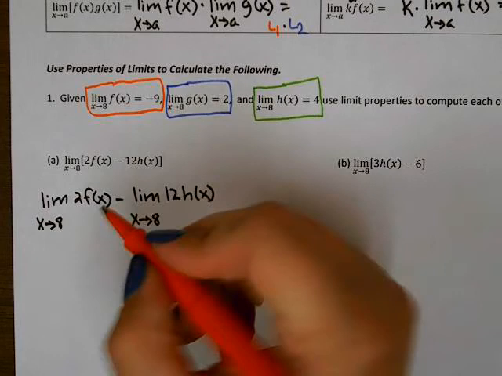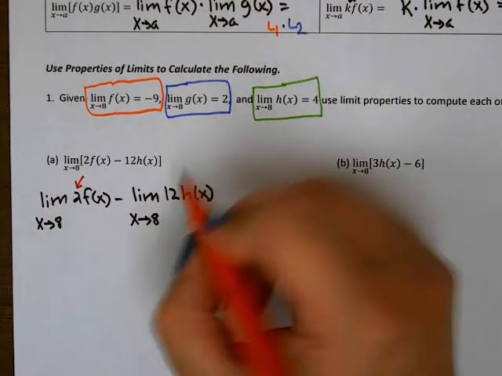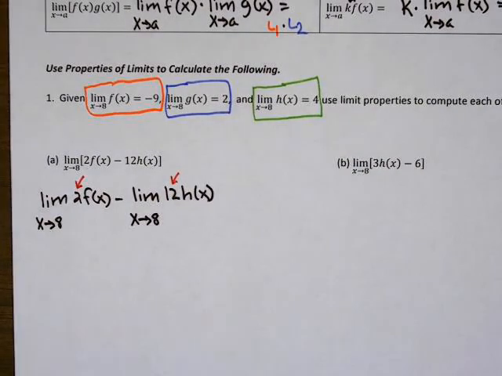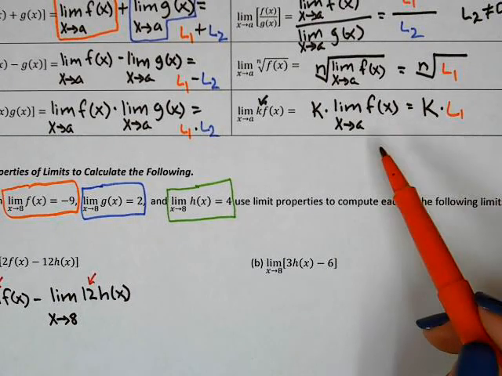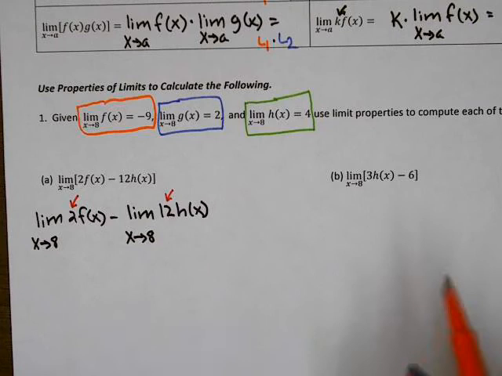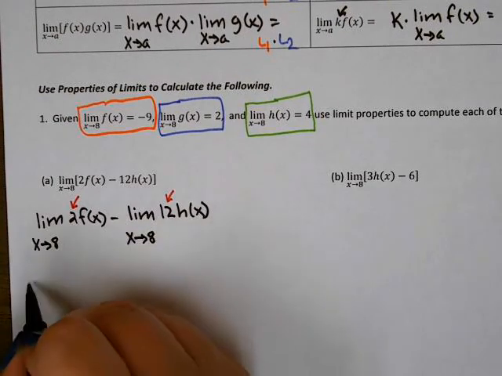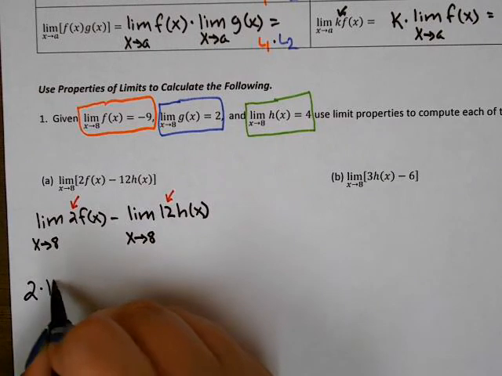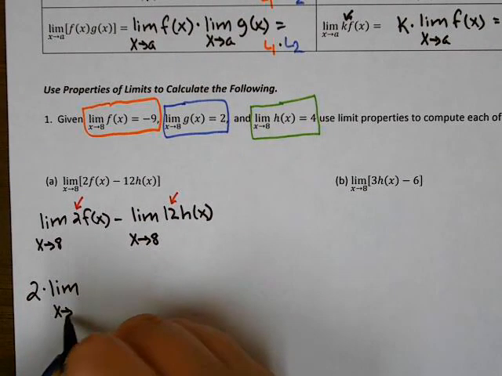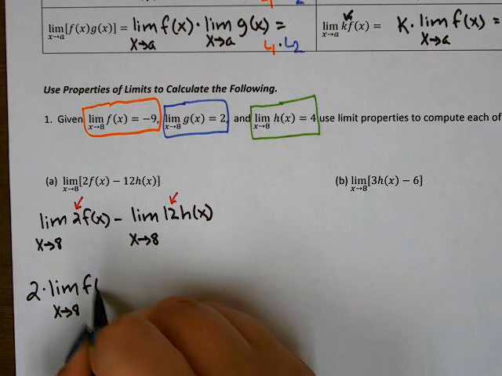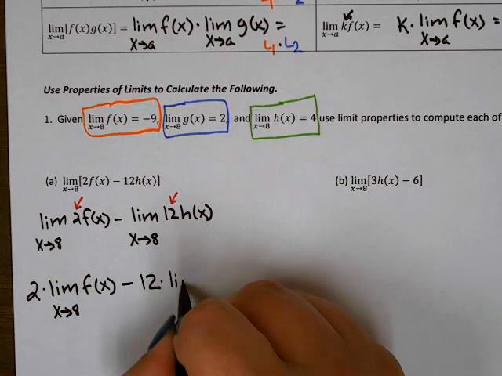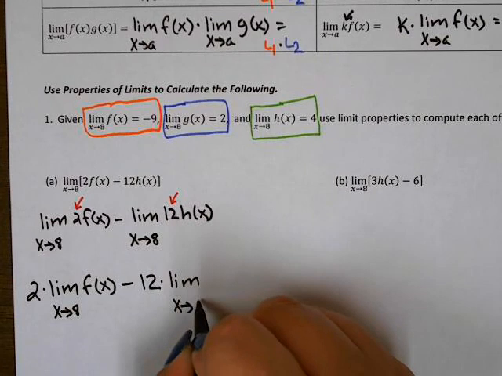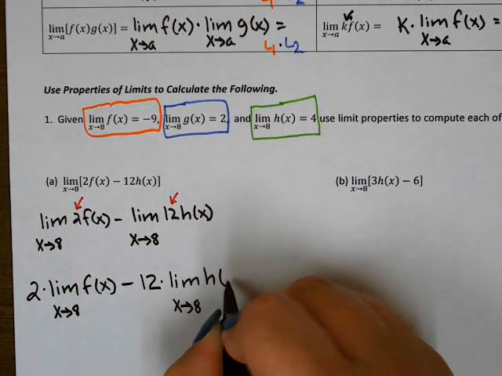The next thing I see is that there's a constant right here and a constant right here. And we just said that for this property, the constant can just pop out. So I'm going to go ahead and do that. So I'm going to take the 2 and make it 2 times the limit as x approaches 8 of f of x minus 12 times the limit as x approaches 8 of h of x.